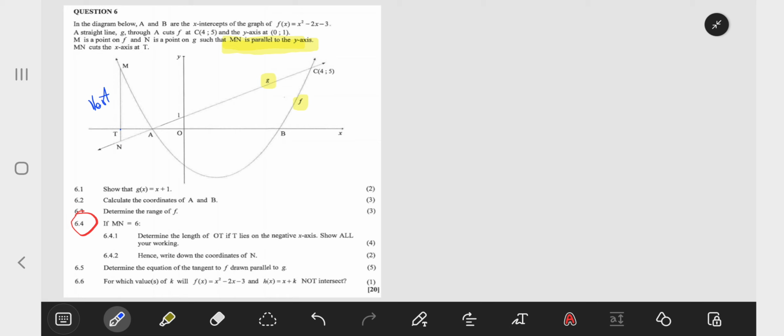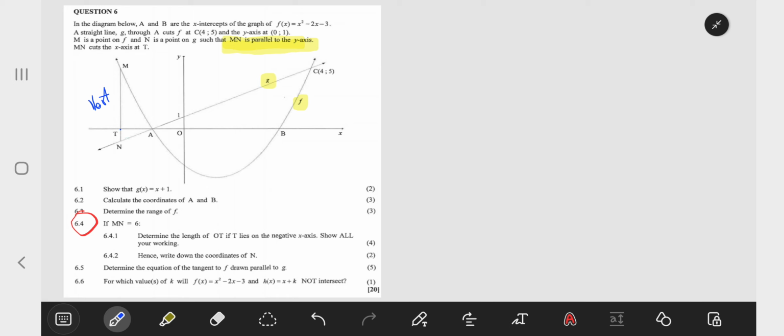And then they differ in y. Now to find this vertical distance MN, you must do top y minus bottom y, so it will be y of M minus y of N, right?